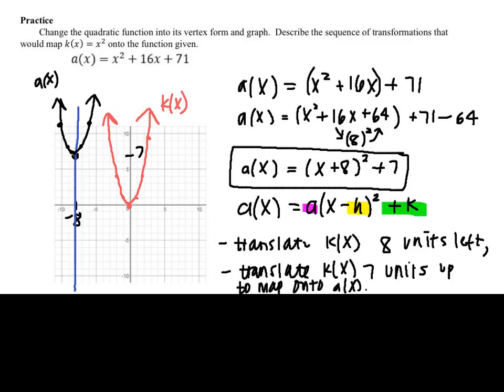And essentially that's all you're doing when you're describing the sequence of transformations to map the parent function onto our new function a of x.